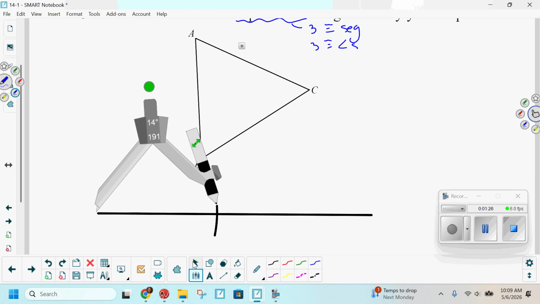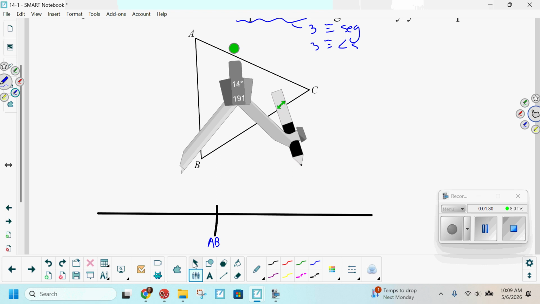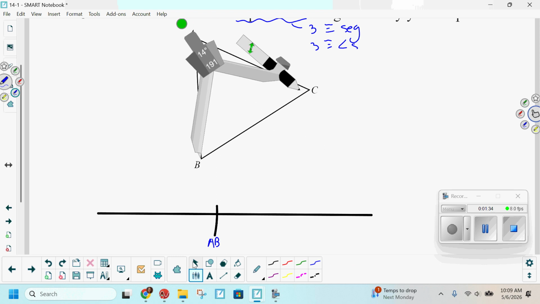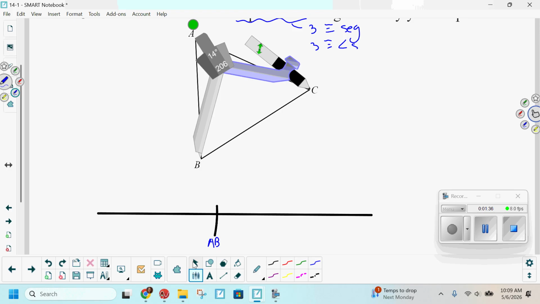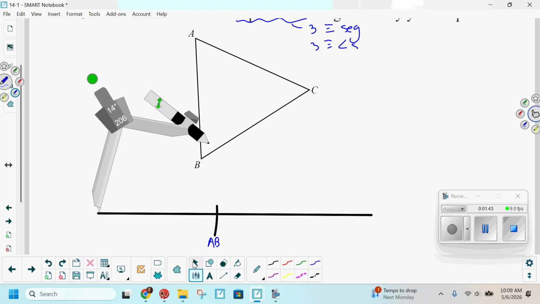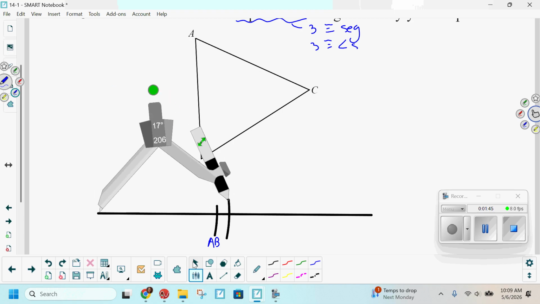And then I'm just going to write that down. This is AB. And then I'm going to do the same thing for BC. So measure that length. And now I can see that BC is longer. So now I'm going to come down here and show that BC is longer.